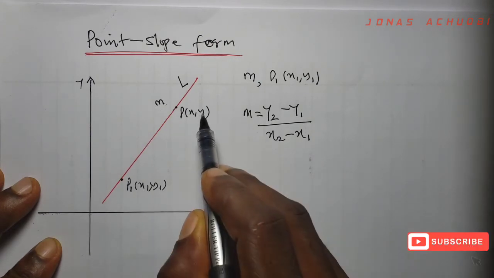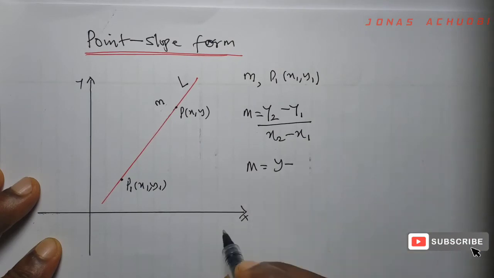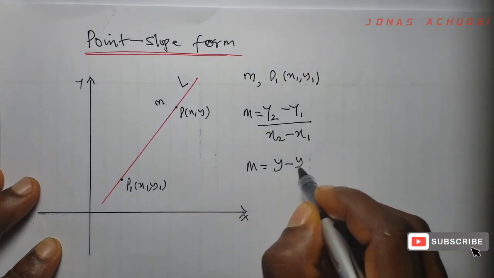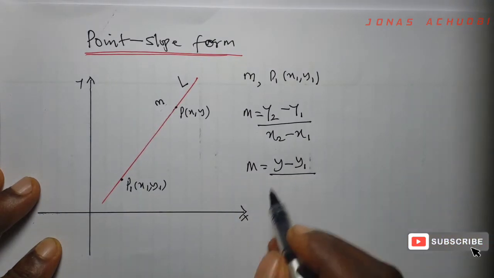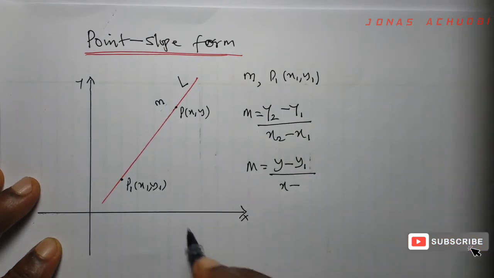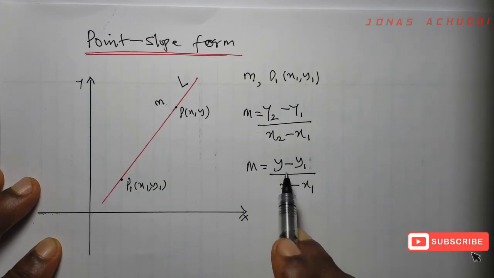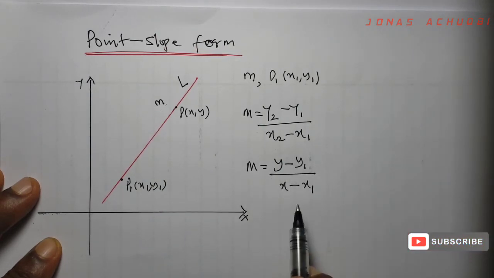In this case, our y2 here is y, minus our y1, divided by our x2 here, which is x, minus our x1. So we have m equal to (y minus y1) divided by (x minus x1).